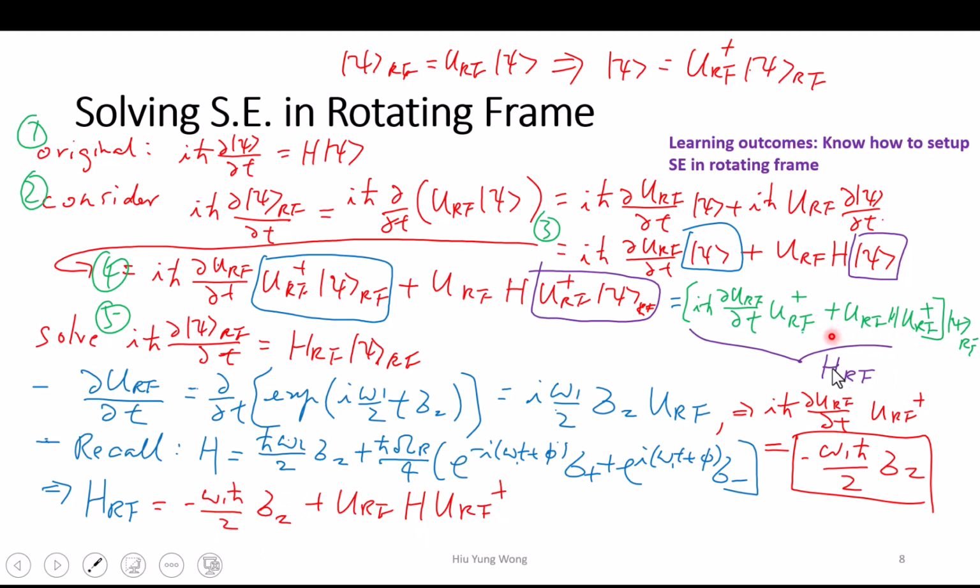Make sense? But how about this one? When you apply U_RF and U_RF dagger to this whole thing, what do you get when you apply to this term?